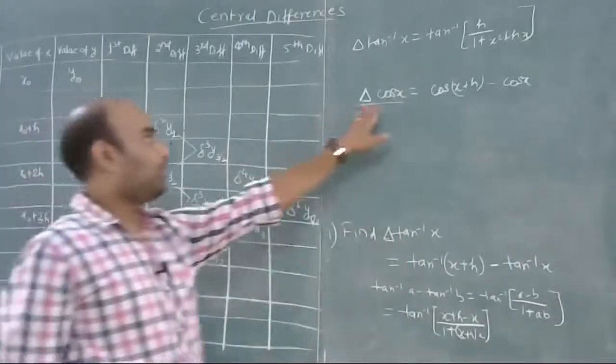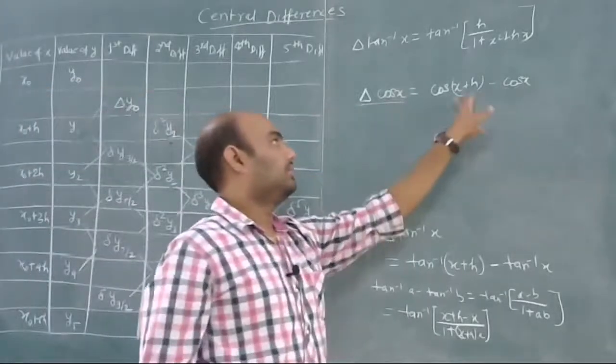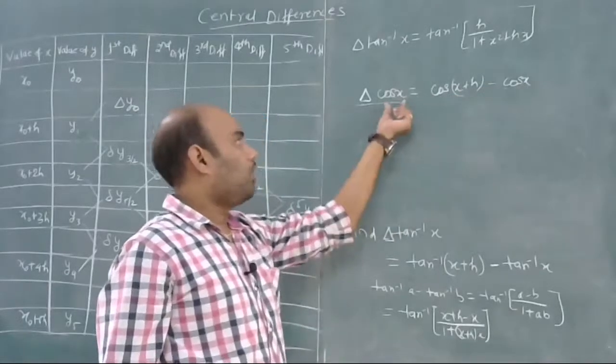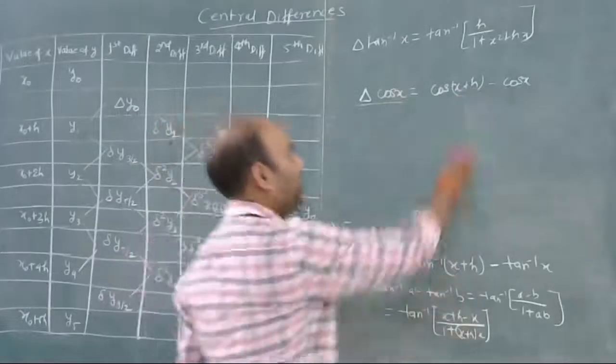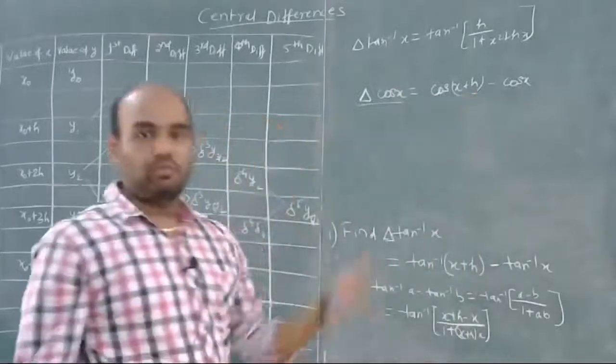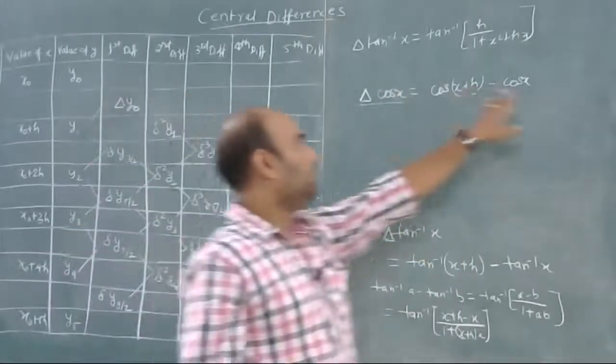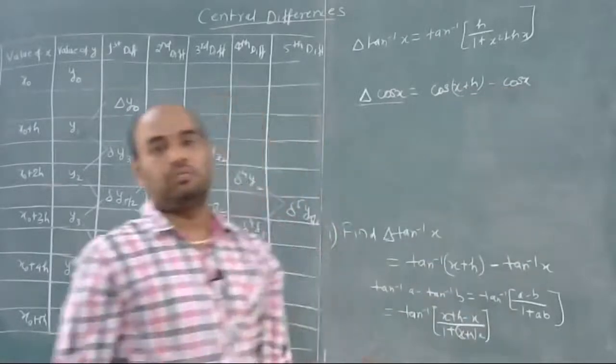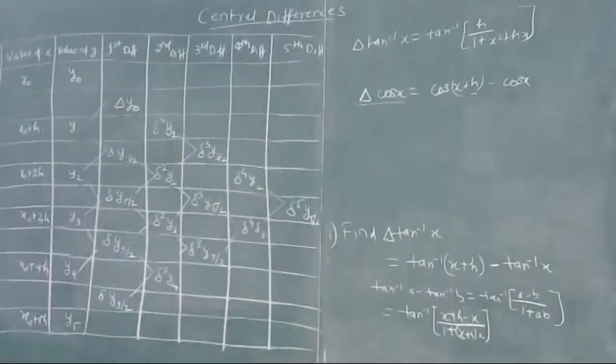So del of cos x will be cos of x plus h minus cos x. You have to increase the value of x with a small step h, and you have to find the difference, subtracted by its original value. Okay, so in this manner you can find the difference of any function.